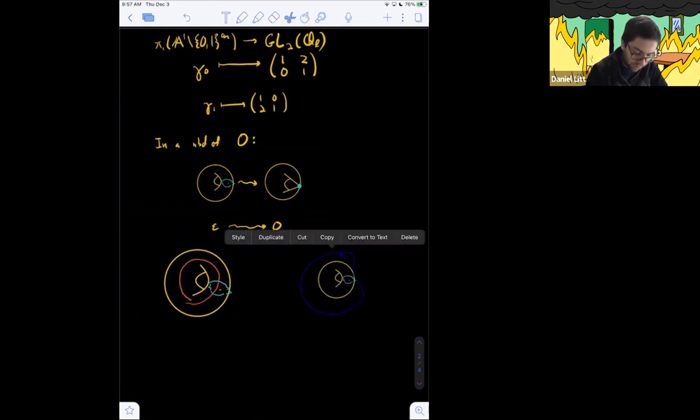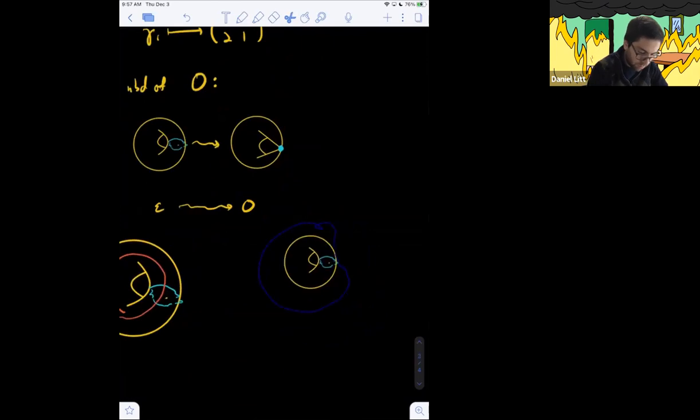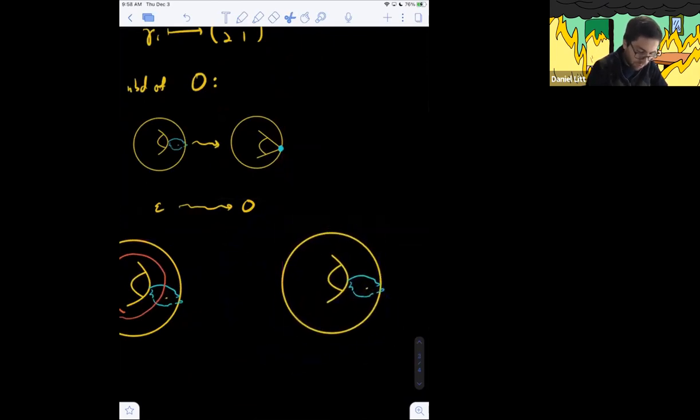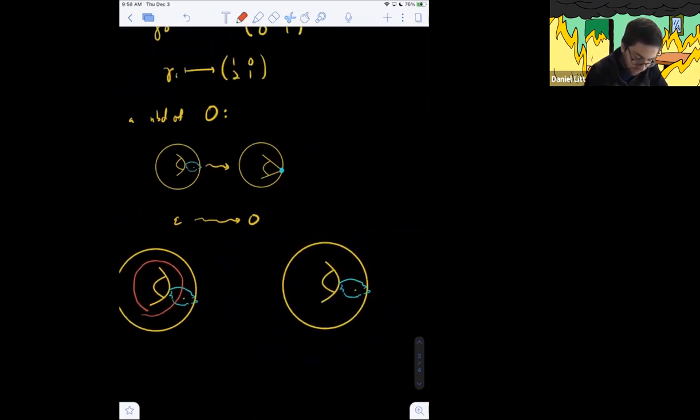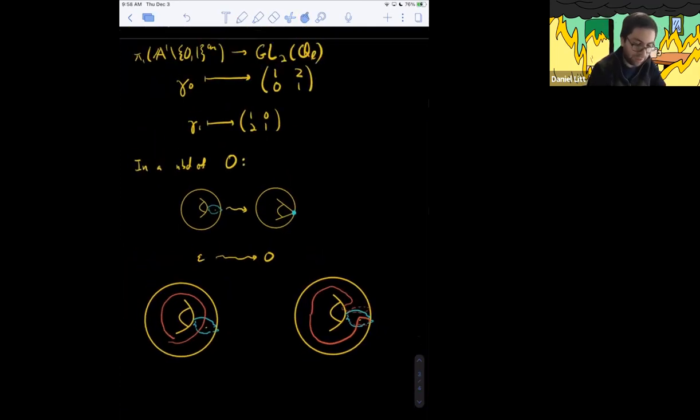And what is it sent to? It's sent to the following loop. So what you do is you start here, and then you turn right and go around twice, and then you come back. So geometrically, this is what this picture means.